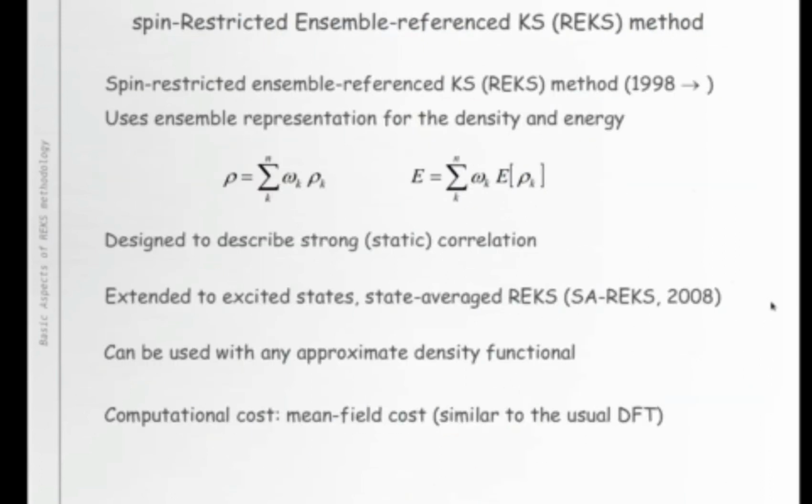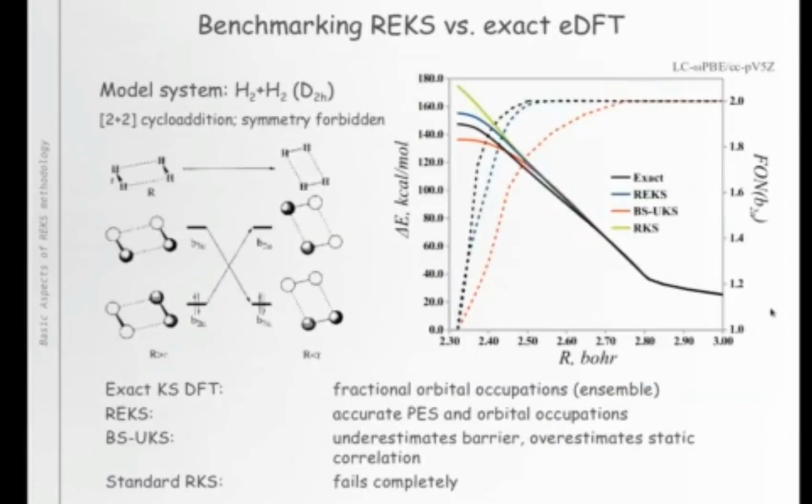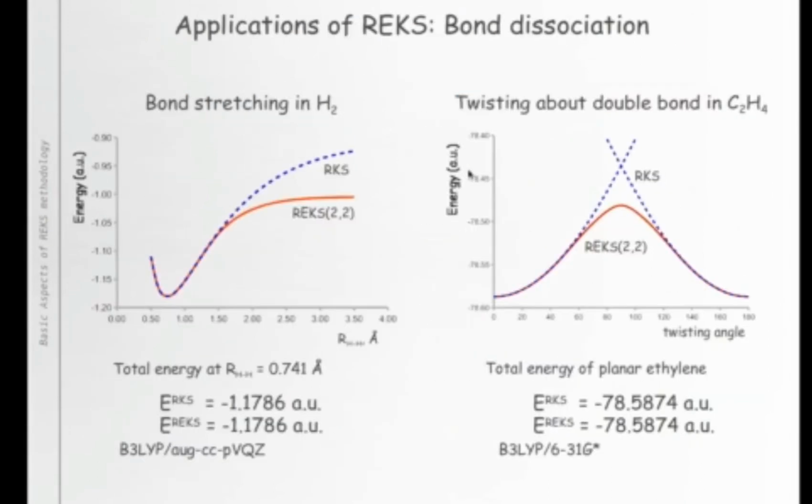One last slide I would like to show before we stop. All right. About that interpolating function, it is important to correctly describe the energy at, say, the equilibrium conformation. For example, for a hydrogen molecule, as you see, the dissociation curves obtained from REKS 2,2 and from standard Kohn-Sham go to different dissociation limits.